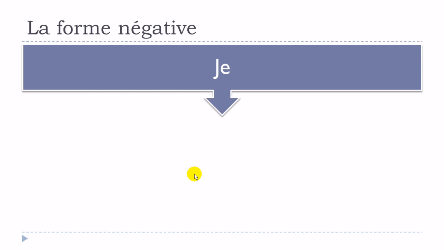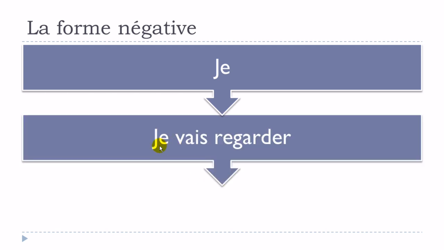So first person, je, and then, well, actually, if you want to use this futur proche form, I am going to look, it's quite simple, because you just put your subject, you put your verb here, to go, conjugated at the present form, je vais, and then you put the infinitive form, regarder. Okay, so in this situation, it is quite simple.